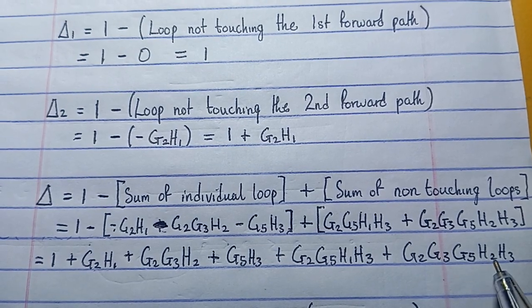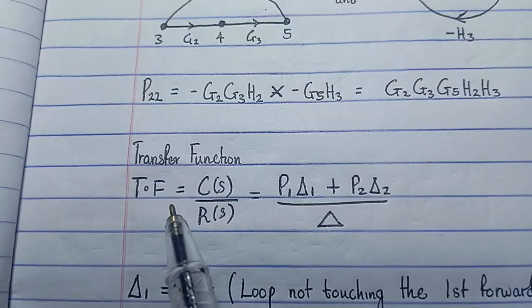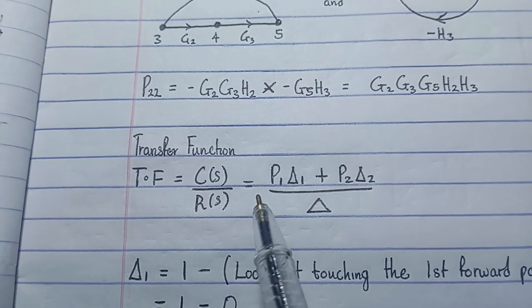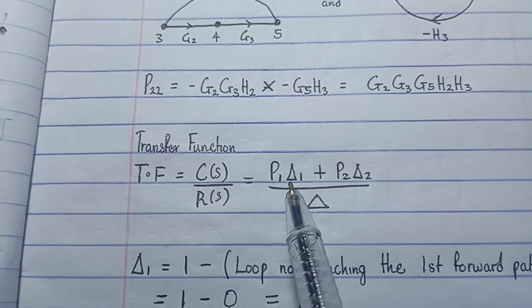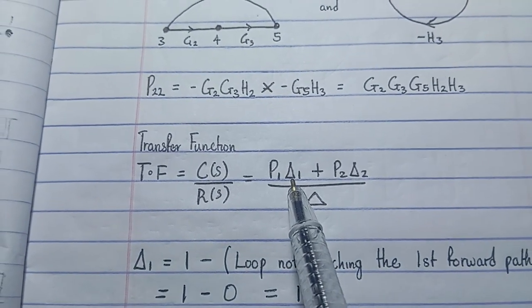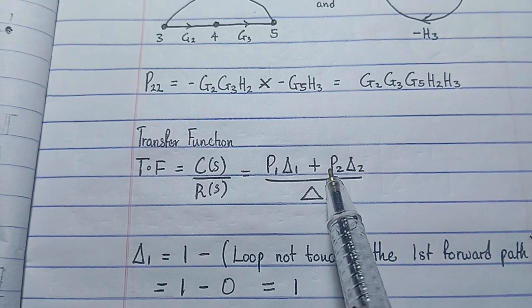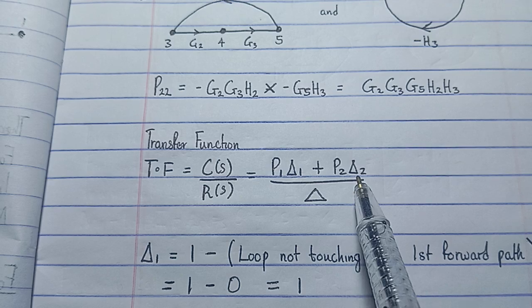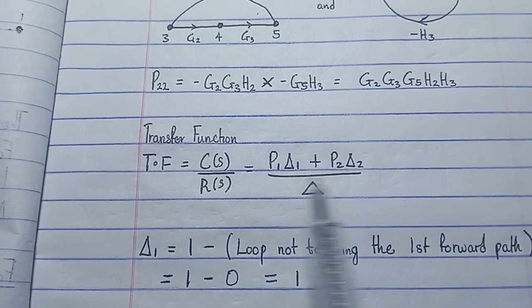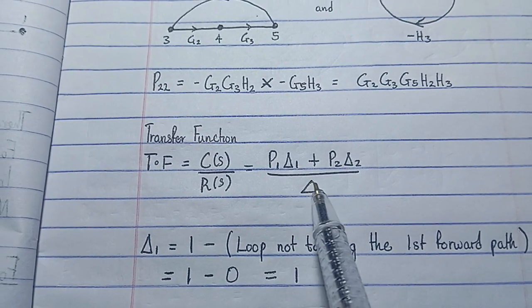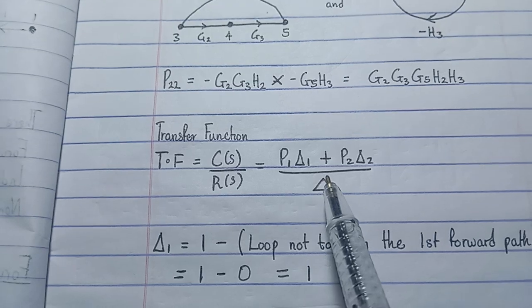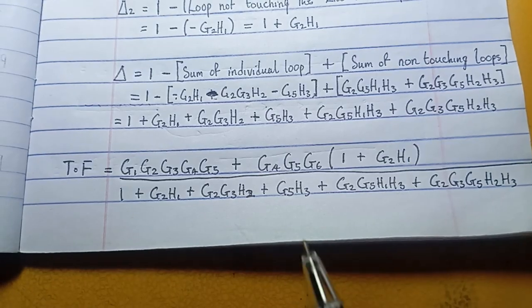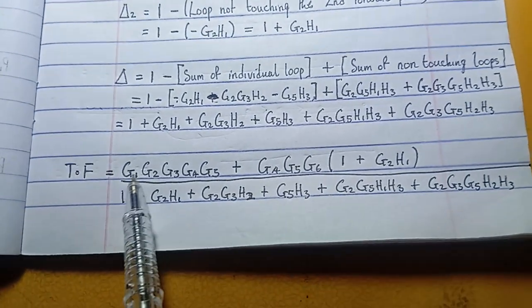Now we'll go back to our transfer function formula, which is P1, our first forward path, times delta 1, plus P2, our second forward path, times delta 2, all divided by delta, which we just found. We have our delta 1 already and our delta 2 already. So we're going to put all of that into a formula. Doing that, this is our transfer function.